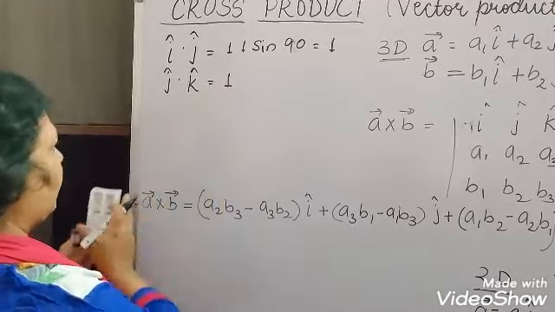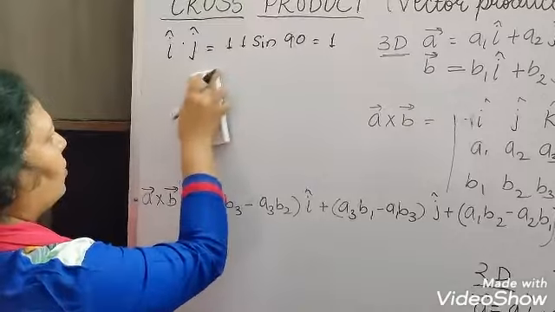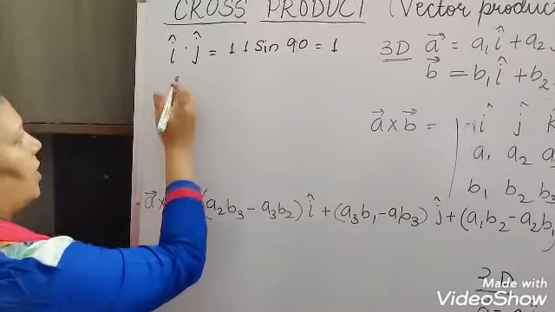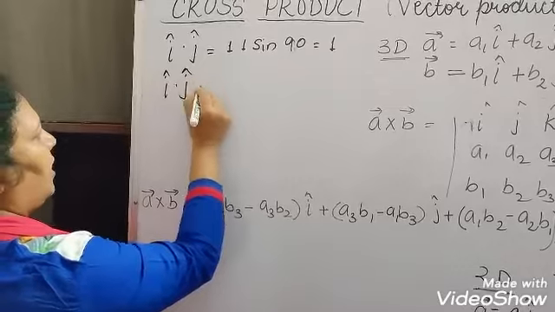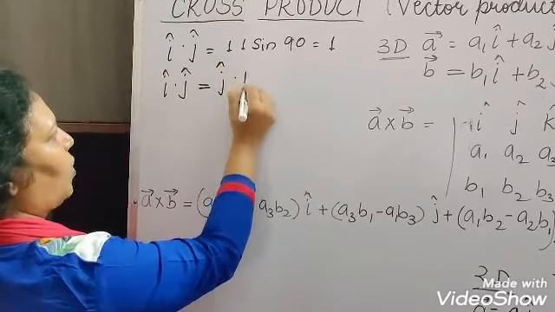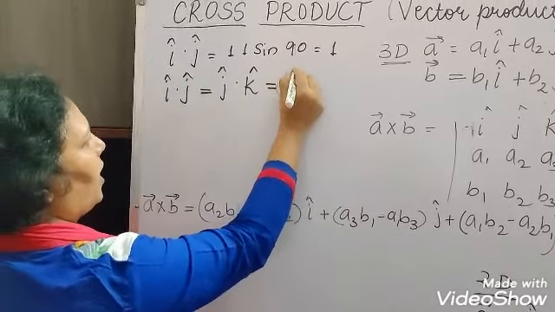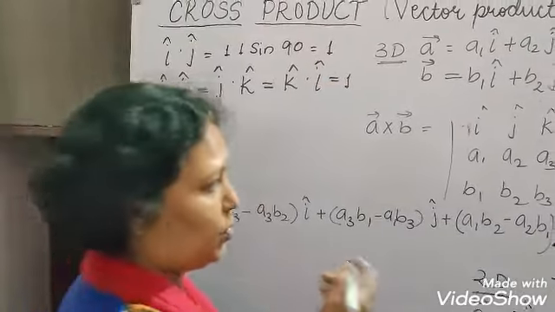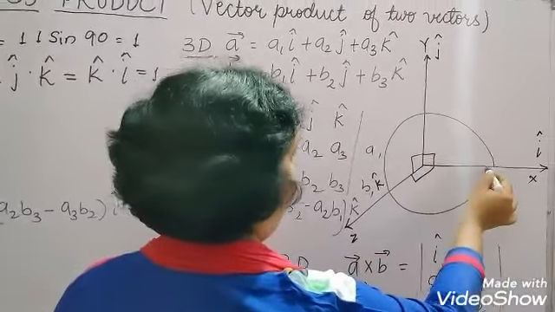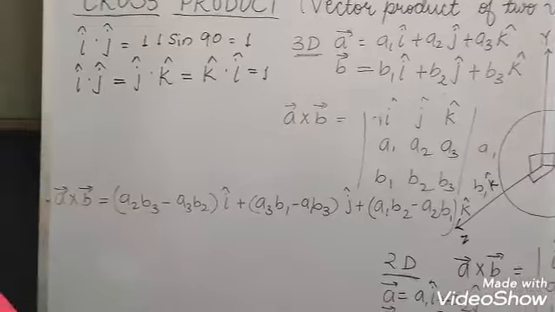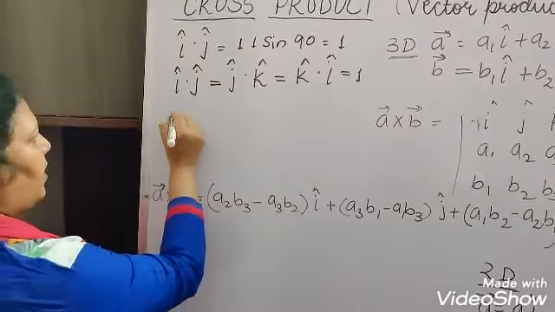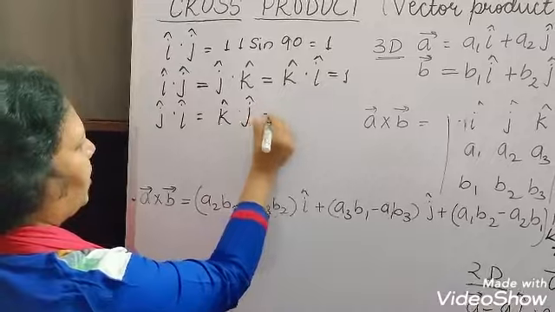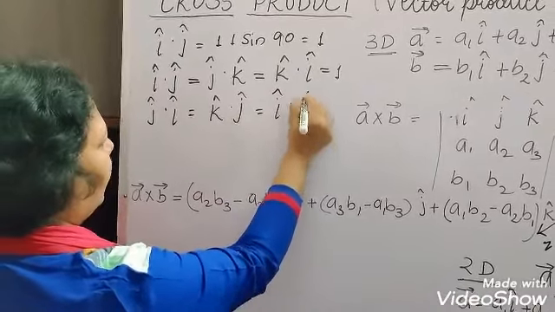So similarly for all of these, we can say i dot j equal to j dot k equal to k dot i, and this is equal to 1, when we are going this way anti-clockwise. Now if I write this as j dot i, this as k dot j, and this as i dot k, what happened?